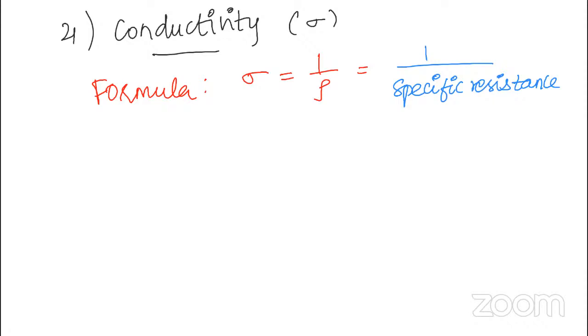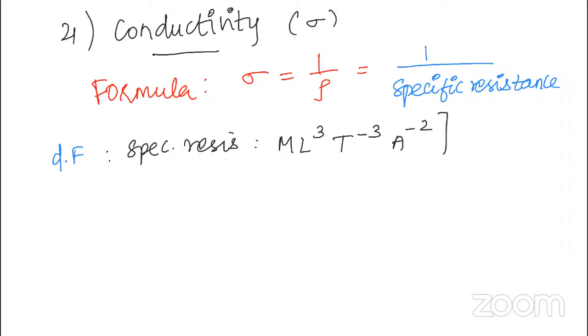So what is the dimensional formula for specific resistance? M L cube T power minus 3 into A power minus 2. In the formula, we just write it in reverse. So now tell me the conductivity.